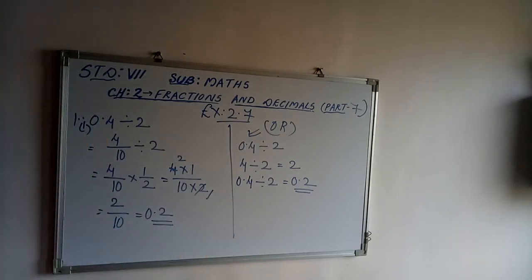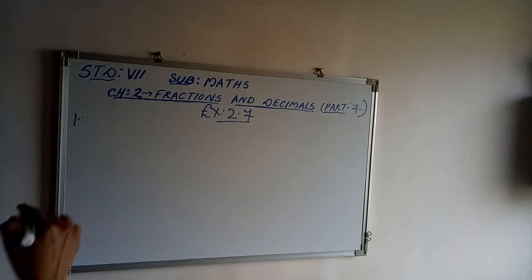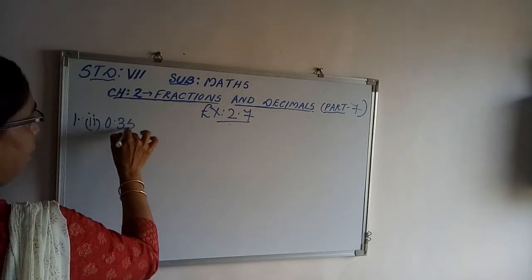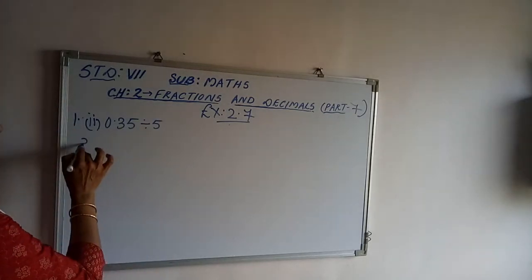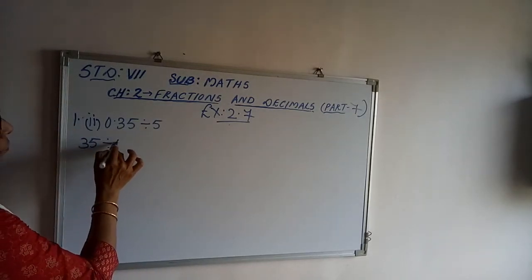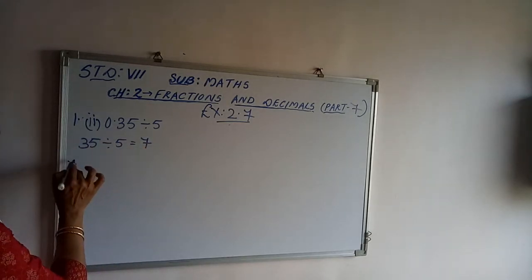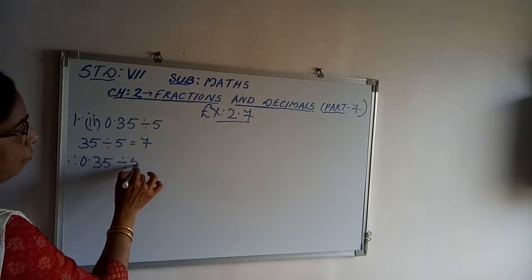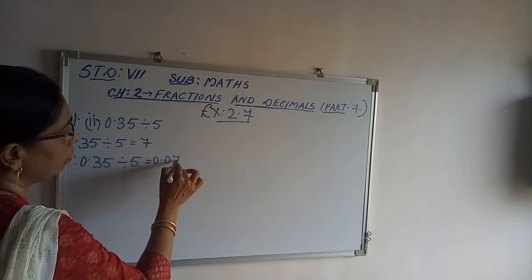Now, the second question we can solve by the second method. 0.35 divided by 5. Okay, now you know that 35 divided by 5 is equal to 7, isn't it? How many decimal places? 2. Therefore, 0.35 divided by 5 is equal to, with 2 decimal places, 0.07.